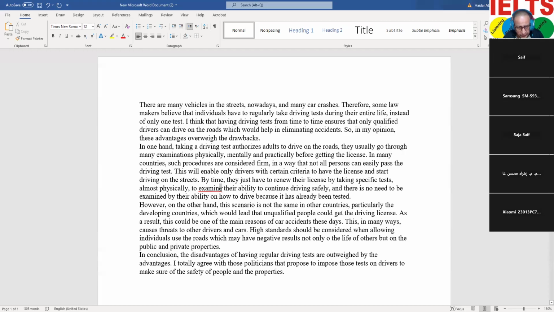Yes, I'm checking why is it a mistake. To examine, yes. No, because it gave me a mistake from the beginning. Look, you forgot not the I, no, the N. It's with an E, I'm sure, to examine. Yes, okay. To examine the ability.